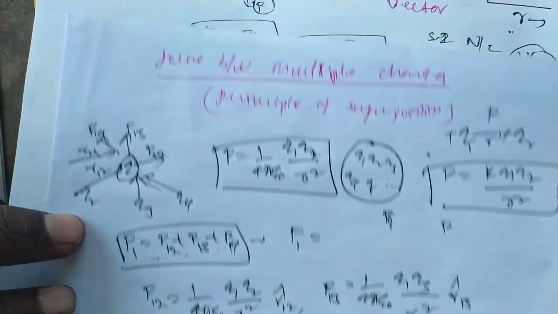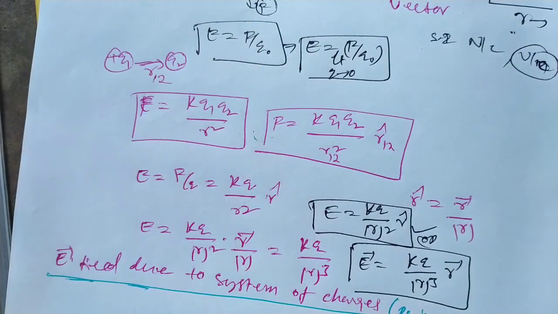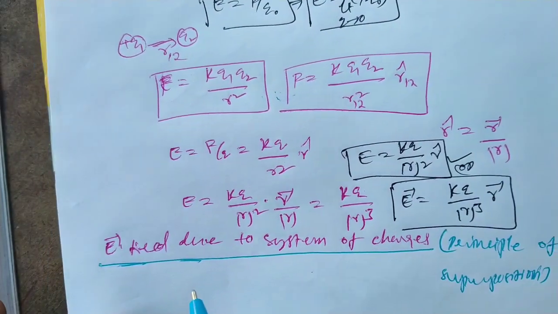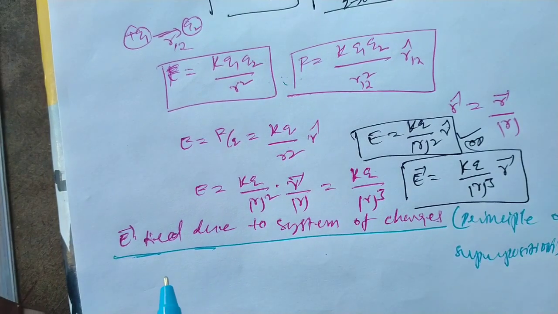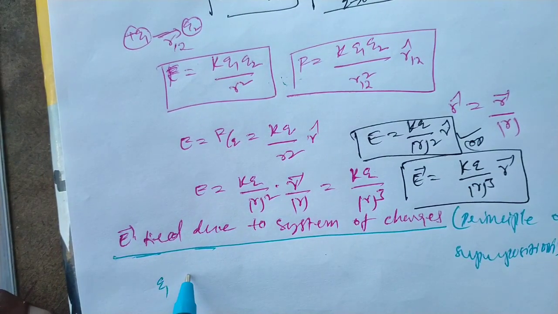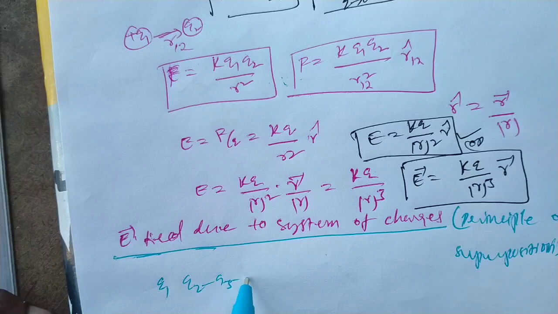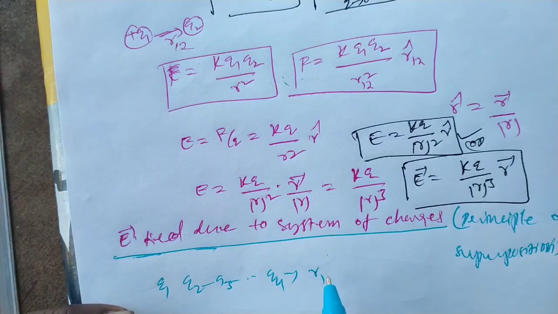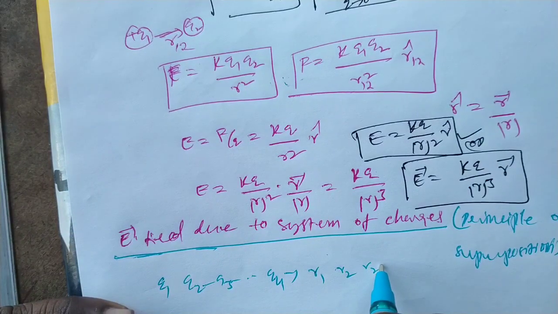The same phenomenon applies in the form of electric field, for a system having a number of charges Q1, Q2, Q3, up to Qn, at distance vectors R1, R2, R3.